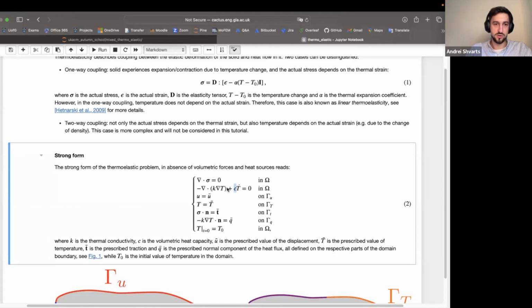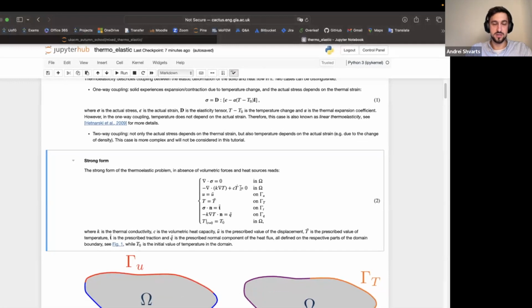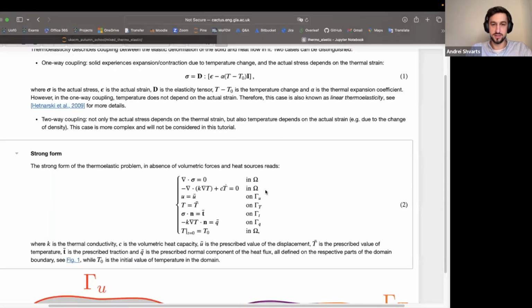And then this part over here constitutes the balance of heat energy for the heat conductivity equation, K being the conductivity coefficient. And so we have these two equations for the elastic problem and for the heat conduction problem.